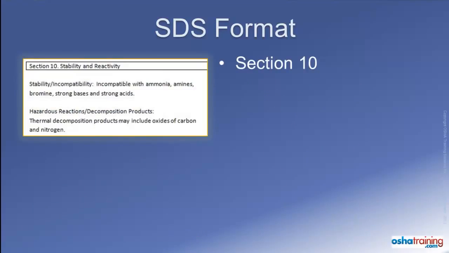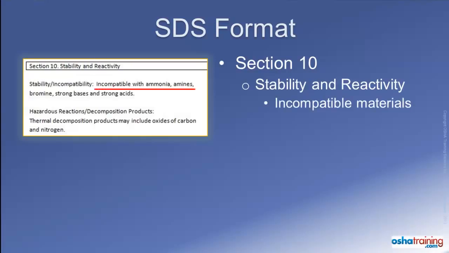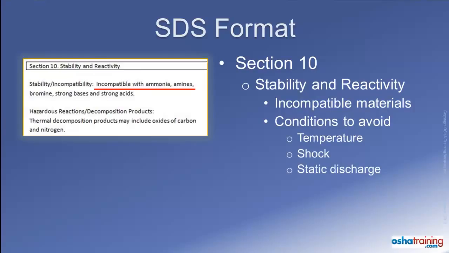And when dealing with corrosive products, it may be necessary to know the pH of the chemical. Section 10 of a Safety Data Sheet is titled Stability and Reactivity. Here you will find important information identifying any other materials which may be incompatible with the product, as well as any conditions to avoid during storage or handling, such as temperature extremes, shock, and static discharge.